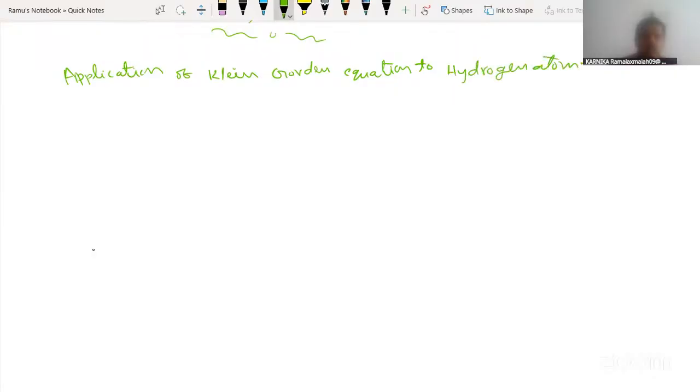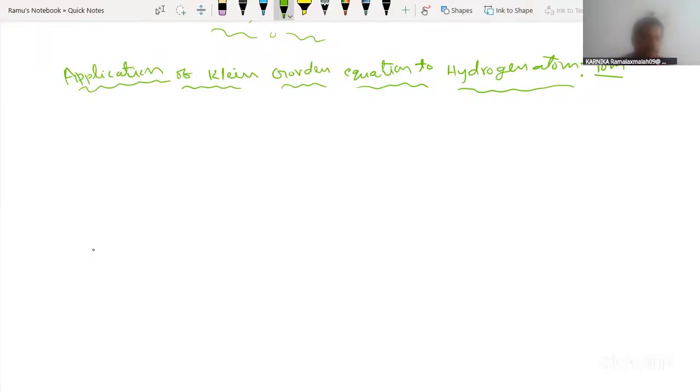Hydrogen atom. This is also a 10 marks question. Application of the Klein-Gordon equation to the hydrogen atom.